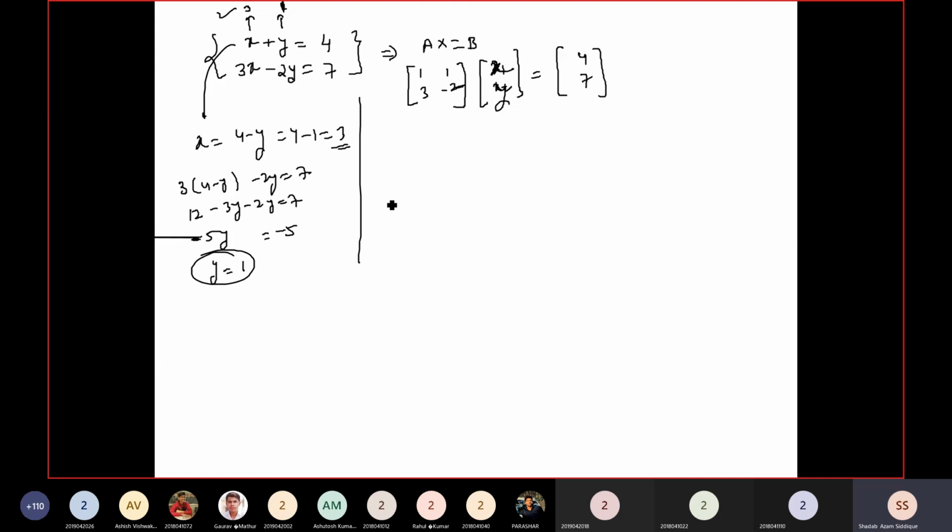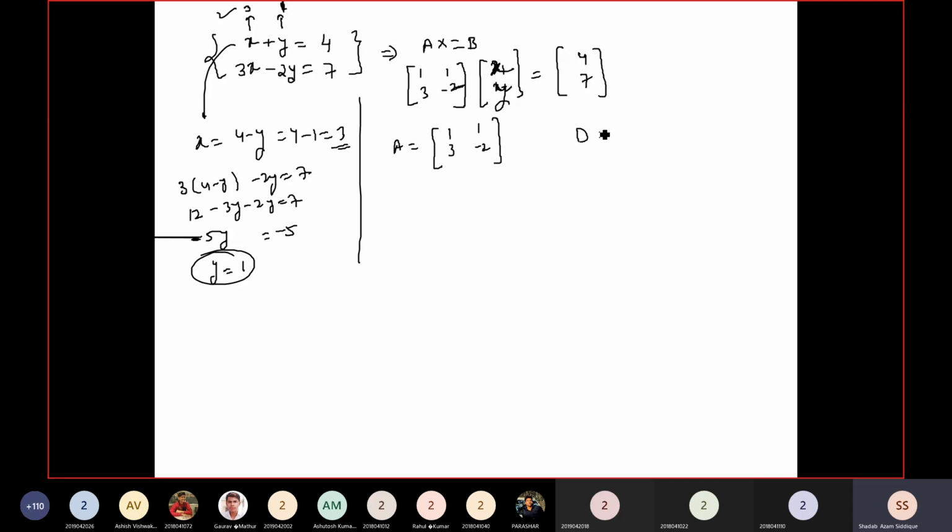Now this is Cramer's rule. Cramer's rule says if you have this, you can find the solution using the determinants. You have the matrix A, which is 1 1, 3 minus 2. Try to find the determinant d.